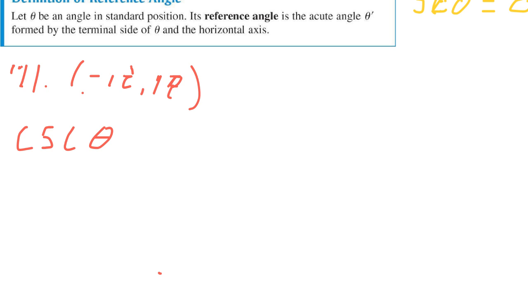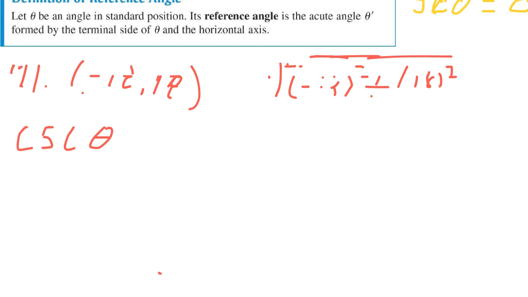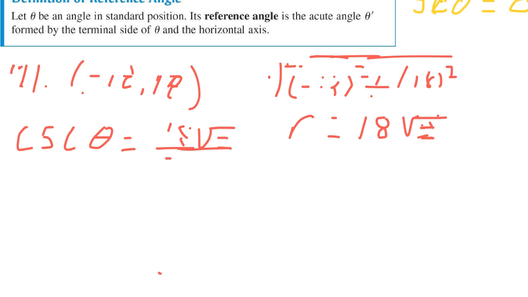To find r, you're going to do the square root of negative 18 squared plus 18 squared, and you're going to find that r is 18 root 2. So cosecant is 18 root 2 over 18. Your 18s cancel out, and you're left with square root 2.